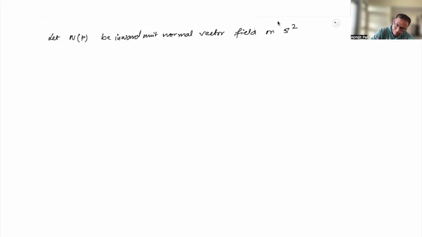So then this n of alpha t will be equal to alpha double dot t.